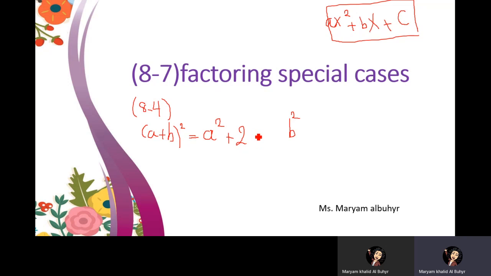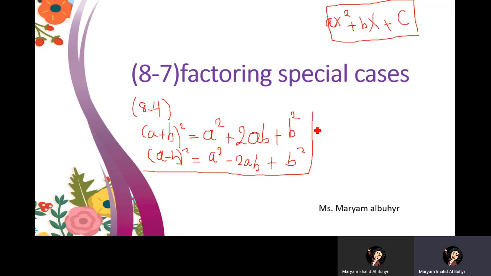What about if I have (a - b) to the power 2? That is exactly the same as this one, but the only difference is you will have a negative here. So the first number squared, the last number squared, minus 2a times b, plus b squared.